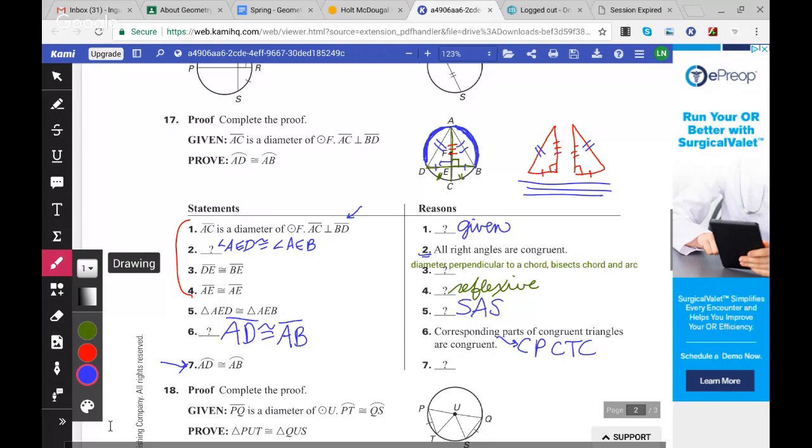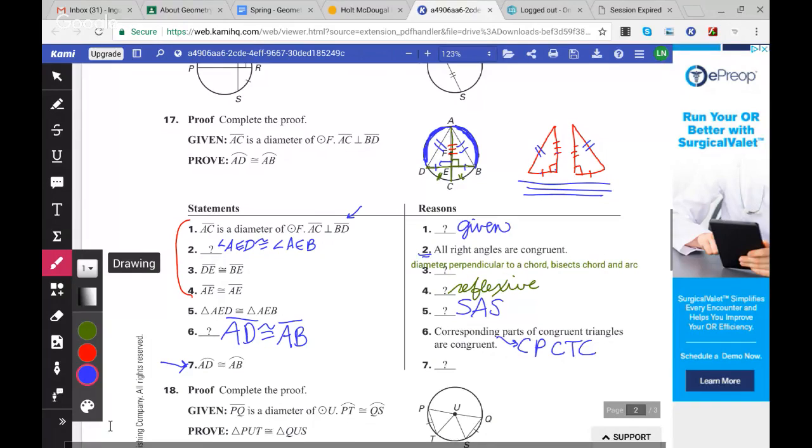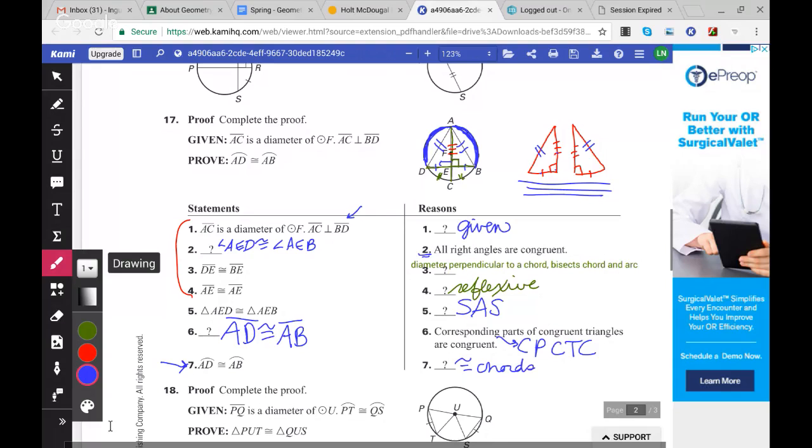Oh, wait. This is one of the new theorems, isn't it? Yes. Congruent chords. Page 654, theorem 10.3. But how did I say it? Congruent chords do what?